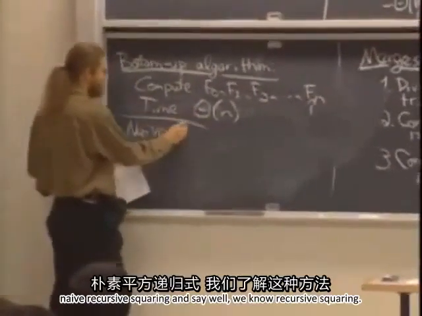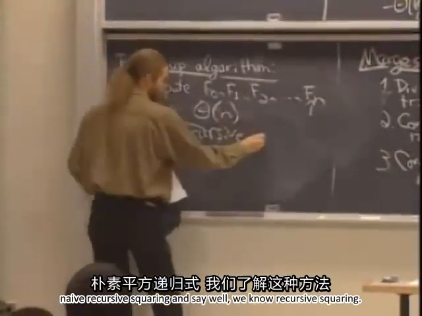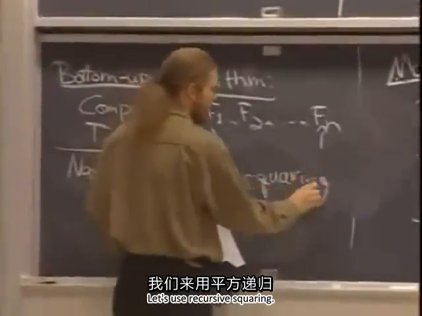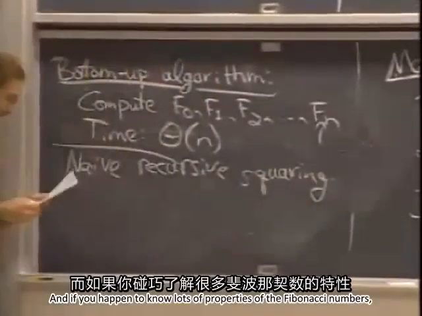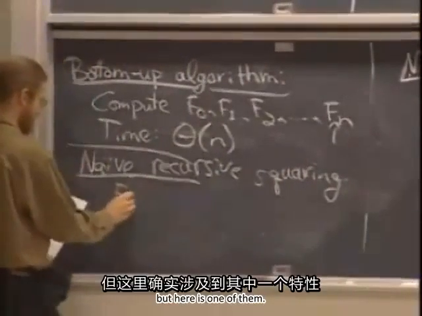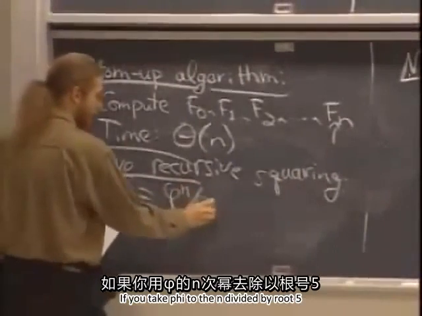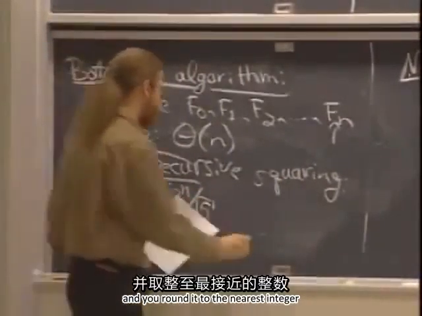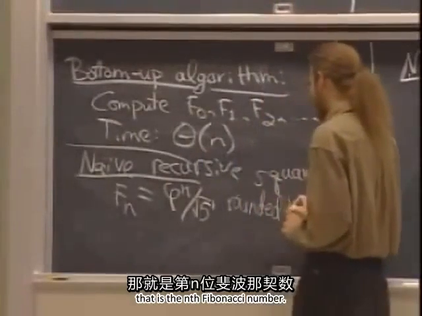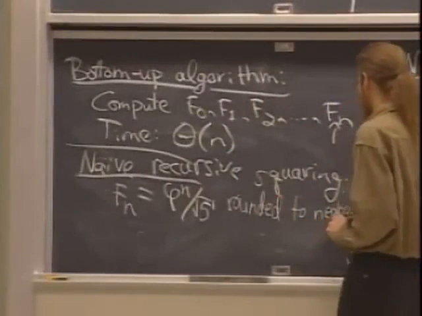We'll call it naive recursive squaring. You're going to say, well, we know recursive squaring. Recursive squaring takes log n time. Let's use recursive squaring. And if you happen to know lots of properties of the Fibonacci numbers, you don't have to, but here's one of them. If you take phi to the n divided by root 5, and you round it to the nearest integer, that is the nth Fibonacci number.